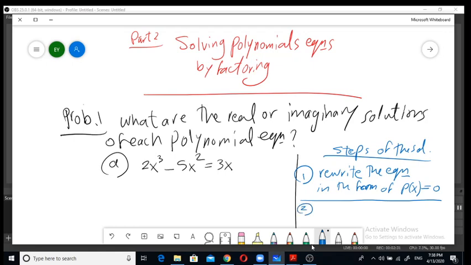Then the second step, we are going to factor the expression of the equation. We are going to factor each term by using the factoring techniques that we have studied before.